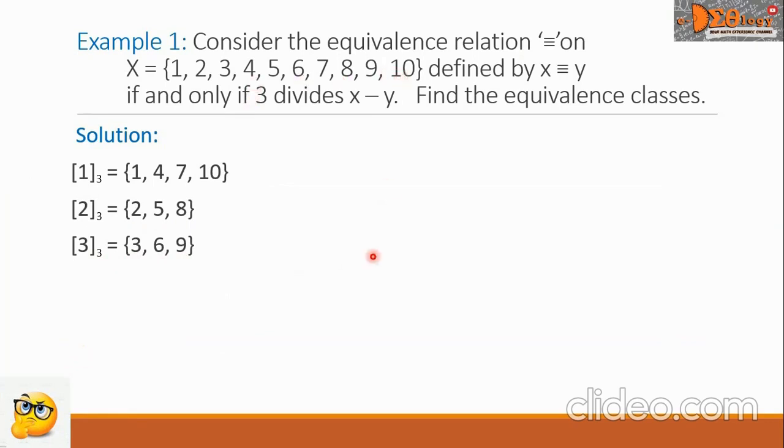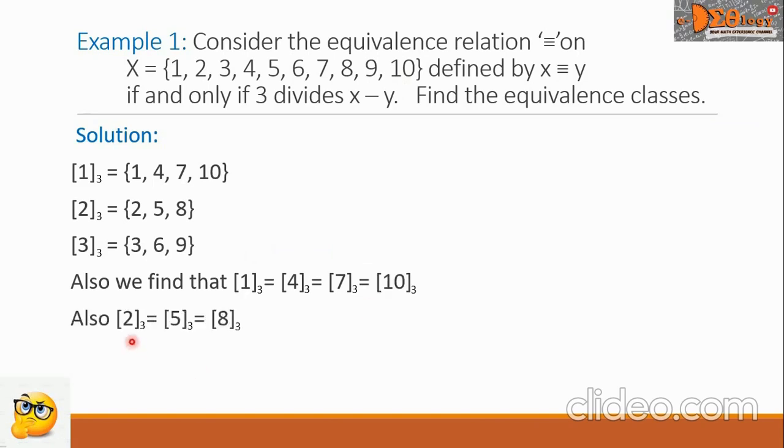While doing so, you will find out that equivalence class 1 is equal to equivalence class 4, which is also equal to equivalence class 7 and equivalence class 10. Also, equivalence class 2 is equal to equivalence class of 5, which is also equal to the equivalence class of 8.